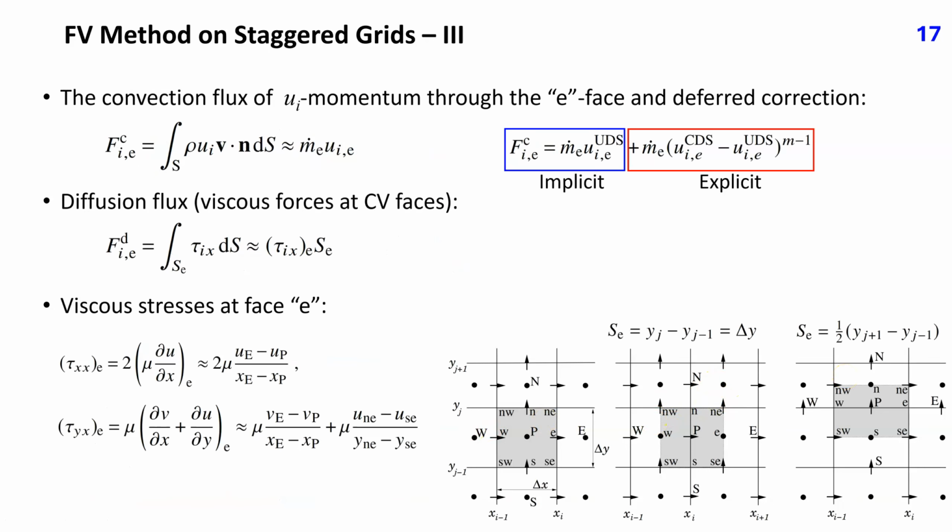The convection flux of ui momentum through the face E is expressed as the product of the latest estimate of the mass flux and the ui velocity at the cell face center.